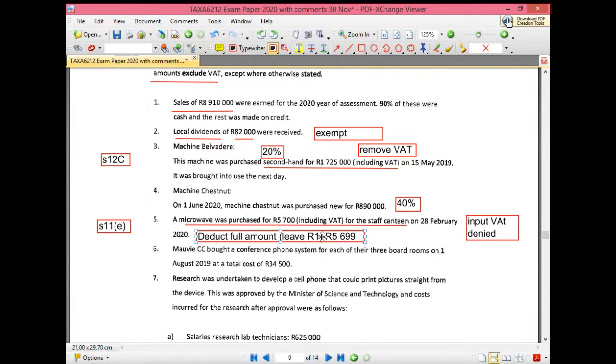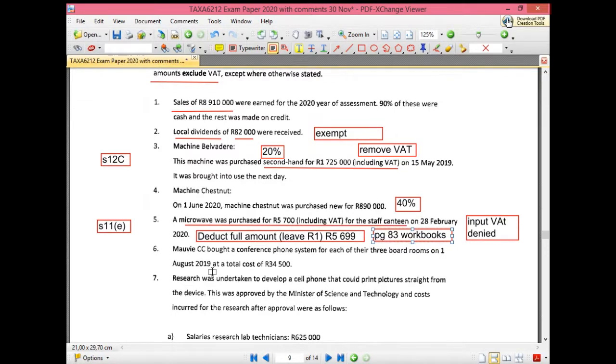And they actually give you a mark for taking R1 off when deducting this. Okay, so this is in your workbooks. It's on page 83 in your workbooks. So just make sure that you know of this exception.